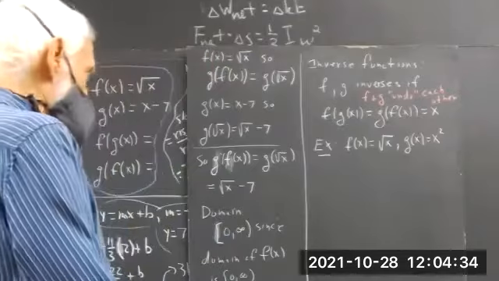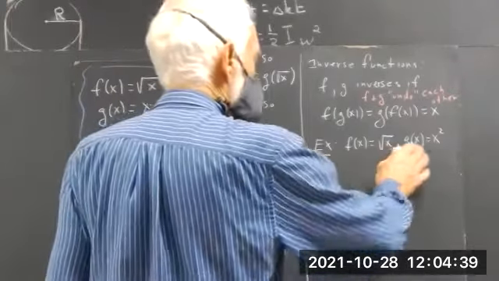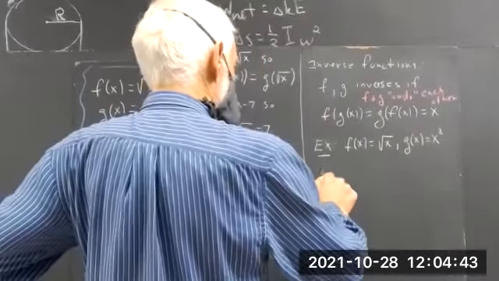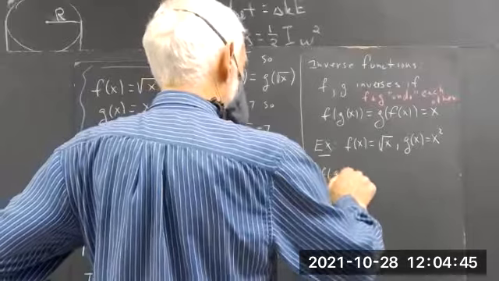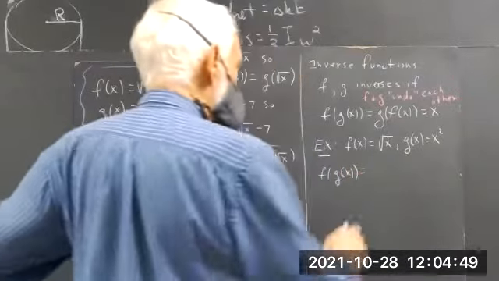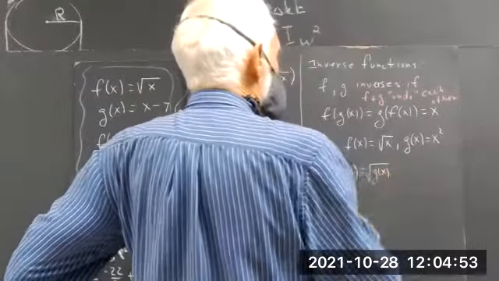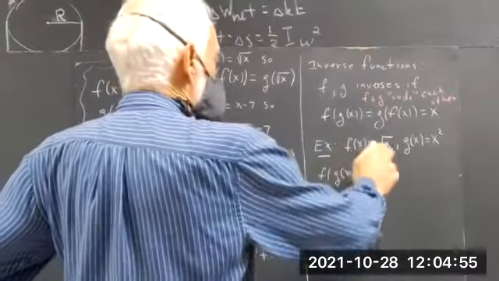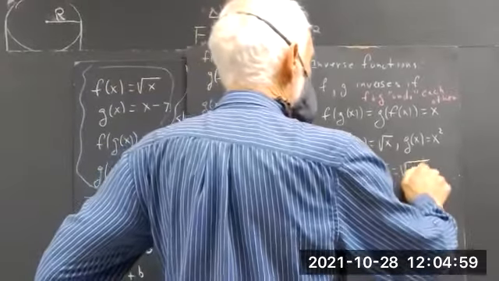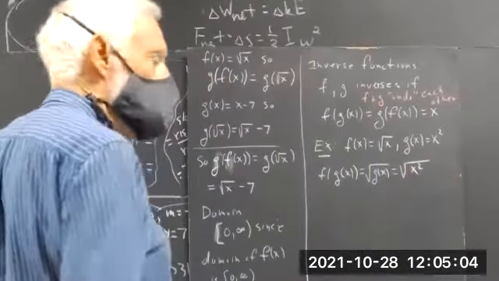Okay. An example: f of x equals square root of x, g of x equals x squared. We say that f of g of x would be square root of g of x, replacing x in the definition of f of x with g of x, which is the square root of x squared.